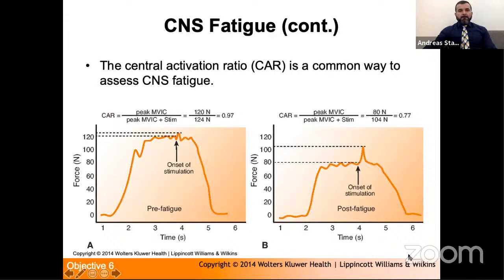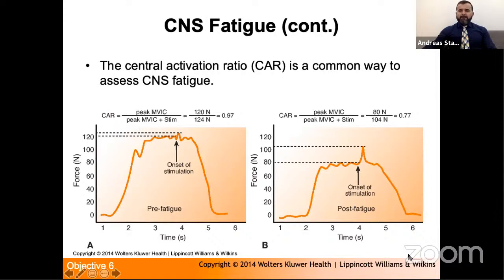Okay, so we'll let the same person rest. So in the first voluntary contraction, we got 120, and then the person rests, and we do the same thing plus electrical stimulation, and we get 124. So there wasn't a lot that wasn't activated or recruited.